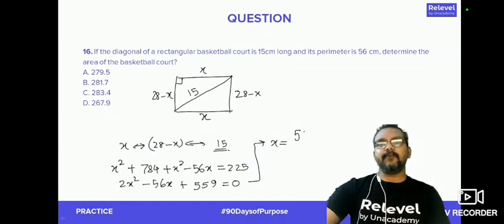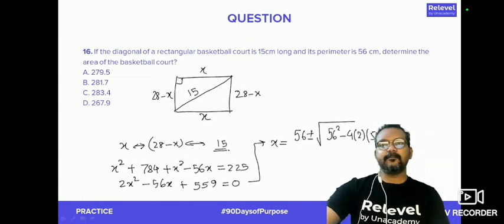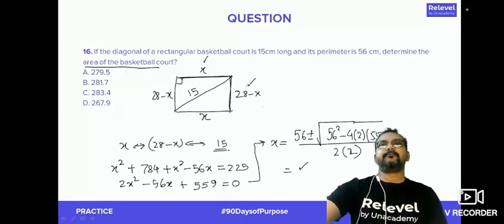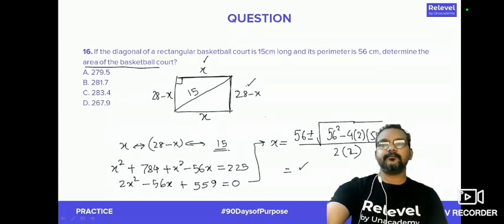So that will be minus b plus minus root over 56 squared minus 4 times 2 times 559 over 2 times a. Whatever this comes to, that will be the length, and then 28 minus that will be the width. So the product of those two will give you the area of the basketball court. Okay? Let's go on to the next question.